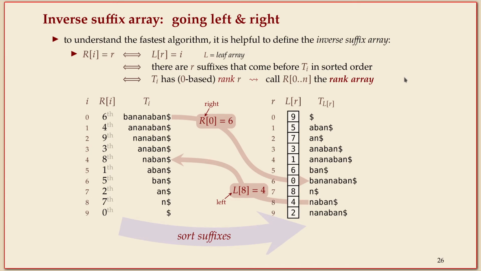Before we discuss the actual algorithm to construct the suffix array, it's convenient to introduce the inverse suffix array. And that really is the inverse in the sense of a permutation. So the suffix array here, that's L. It's the same example, so you will see these numbers pop up on many slides in the next hour.